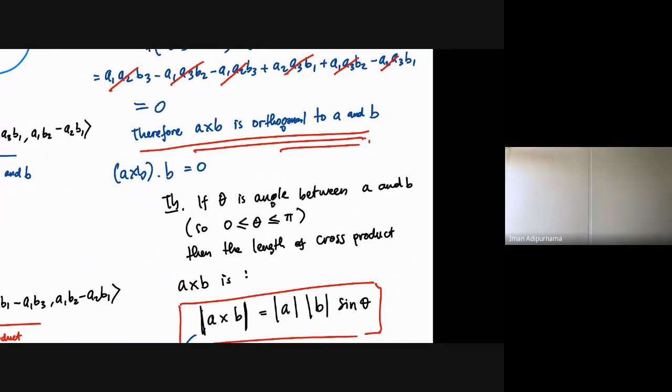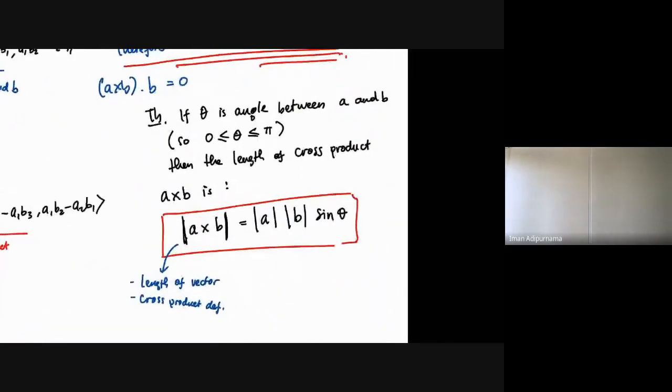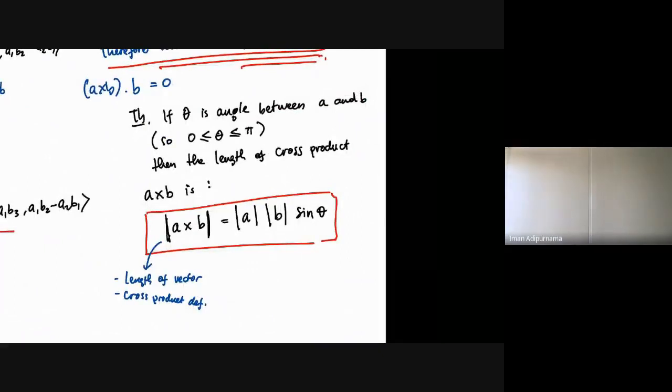So if you have vector A, vector B, the cross product of A and B will be orthogonal to A and also B. You can confirm that theorem by making the dot product be 0. And then we arrive at this conclusion that we haven't discussed yet, but we will start now.